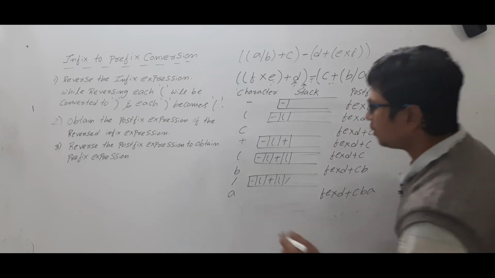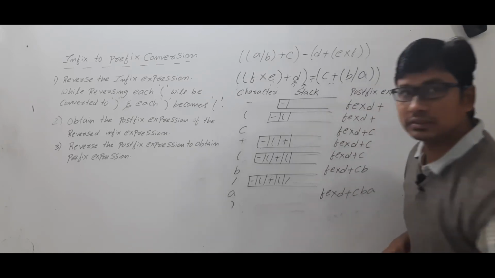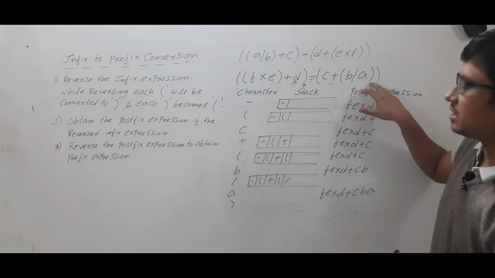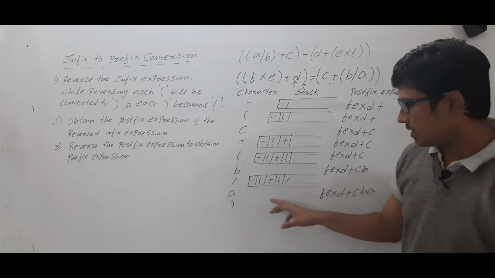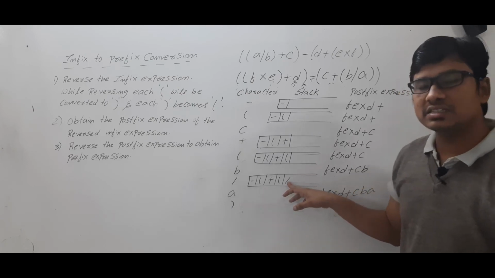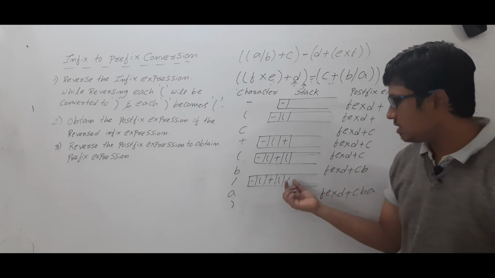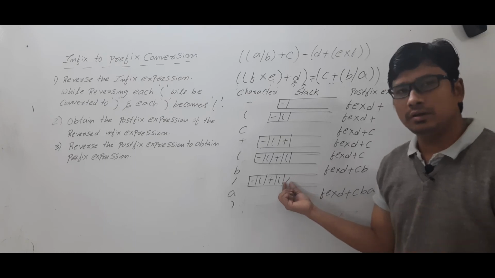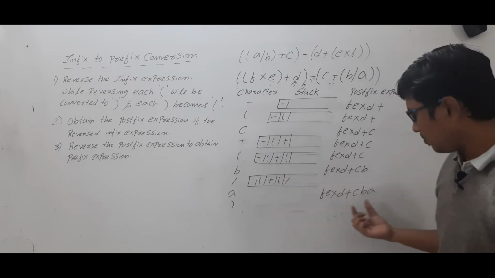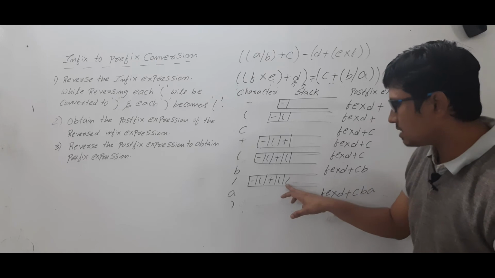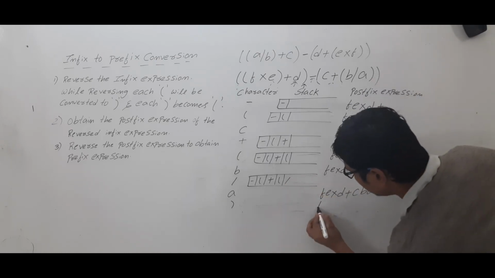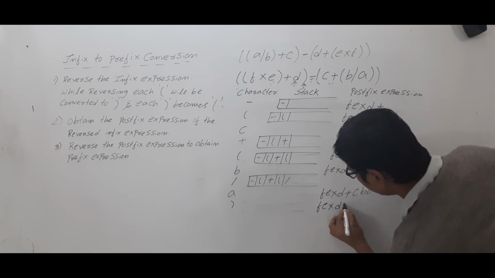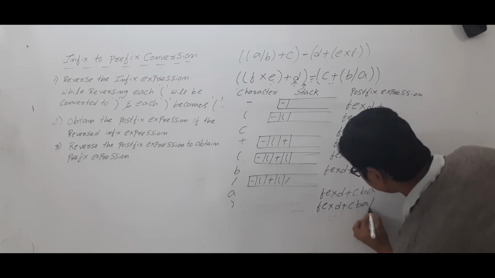Okay. Now we got the closed parenthesis, because A is done. If the closed parenthesis is the scanned character and the top of the stack is other than the open parenthesis, then you have to pop it from the stack and append it to the postfix expression. As the top of the stack is the division operator, you need to pop it and append it to the postfix expression.